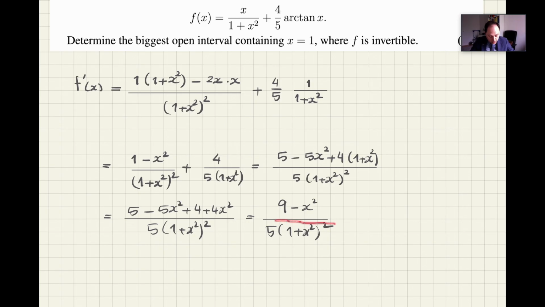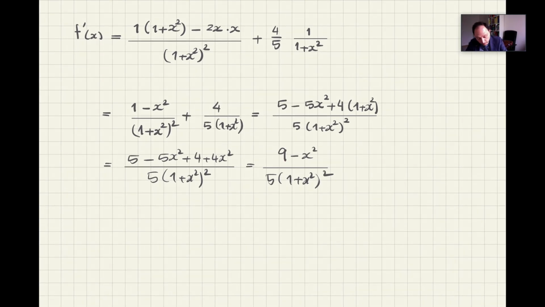The denominator is always positive. So the positiveness and negativeness of f prime only depends on the numerator. So I would say that f prime of x is greater than or equal to 0 if and only if the numerator is greater than or equal to 0. This means if and only if x is between minus 3 and 3.